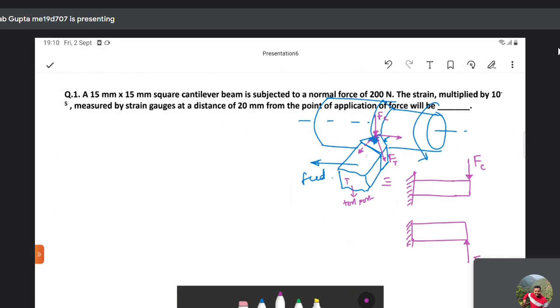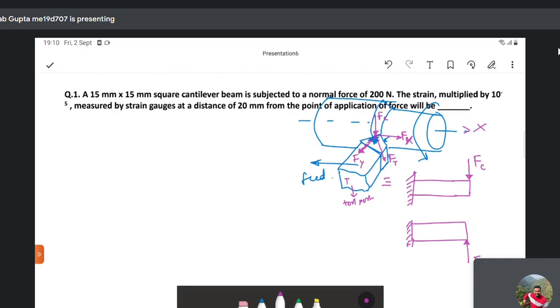One is along the feed direction, which we denote by F subscript f, and the other will be along the depth of cut. I am denoting this by x, since this is the x-axis, and this by y.